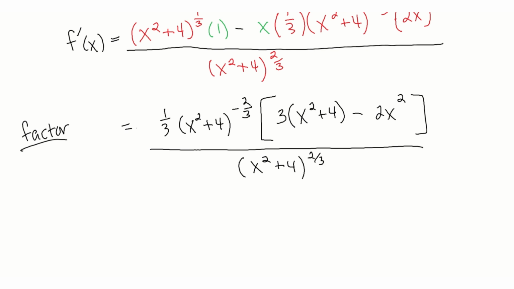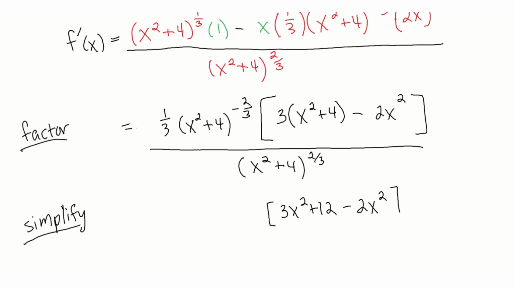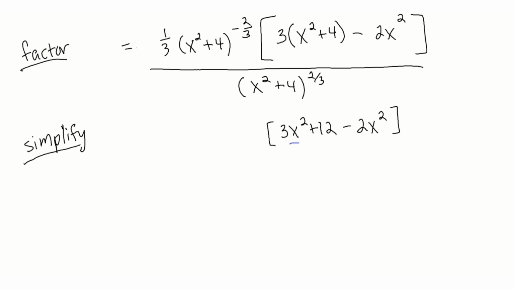Now let's simplify the stuff inside the brackets. Distribute the 3. Combine like terms.